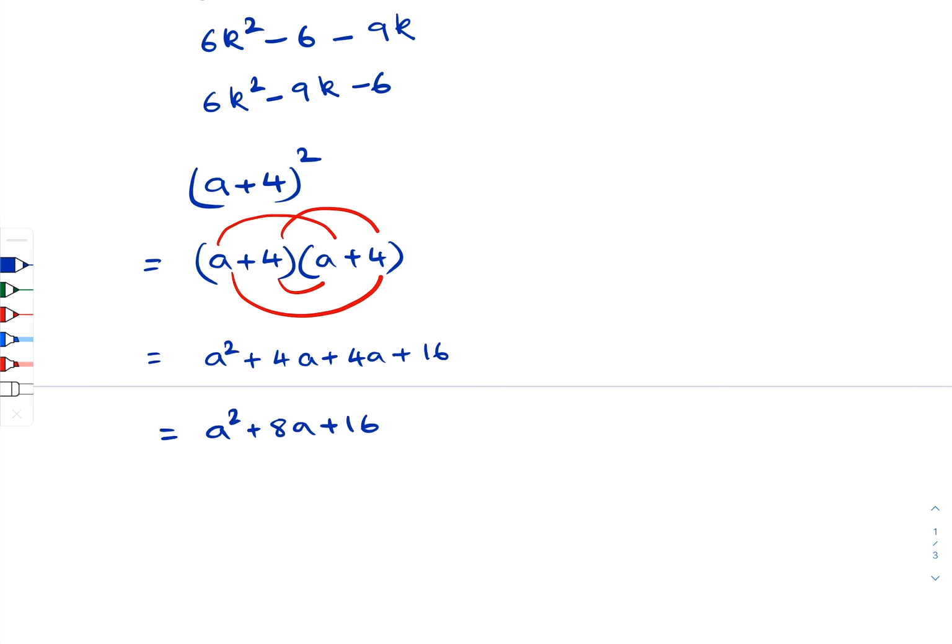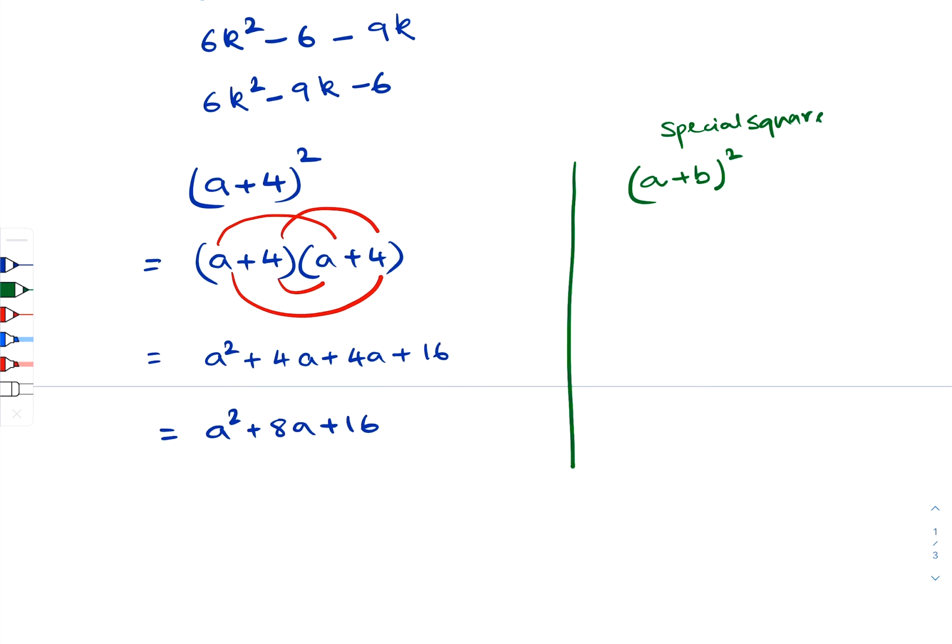Now another way to look at this is that there's a formula for this: a plus b squared. It's a special formula, a special square.